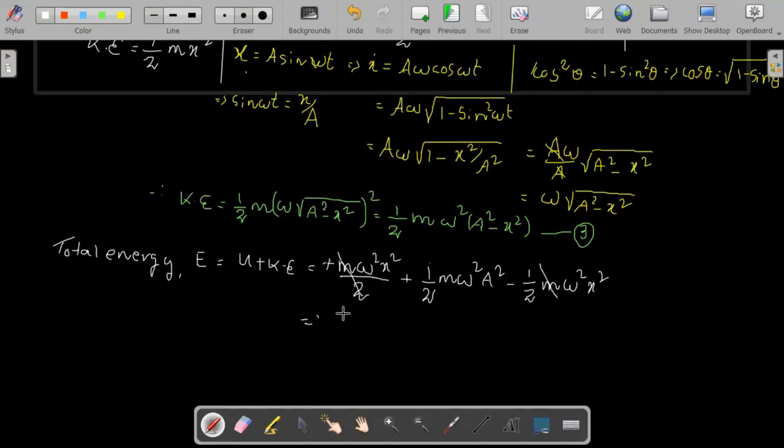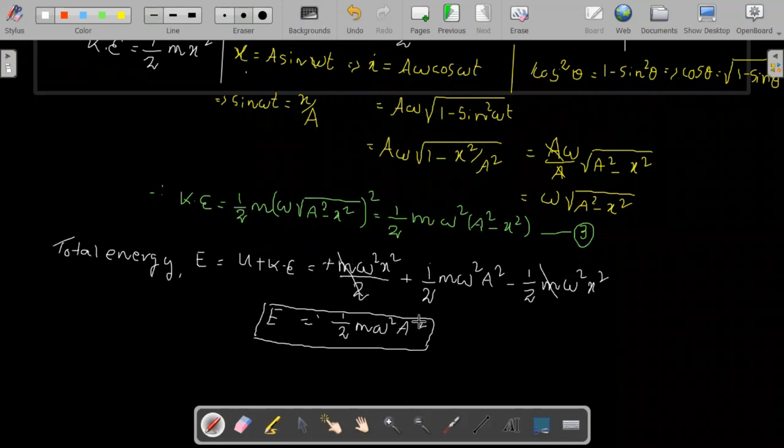And finally, the result that I will have is half m omega square A square. We know energy, kinetic energy, potential energy are all scalar quantities. The minus sign was there because force was considered to be a vector quantity. But in the final result, we can take it to be just a scalar. So we're just considering the magnitude here. So this term and this term will get cancelled out, and the result I have is energy is equal to half m omega square A square.